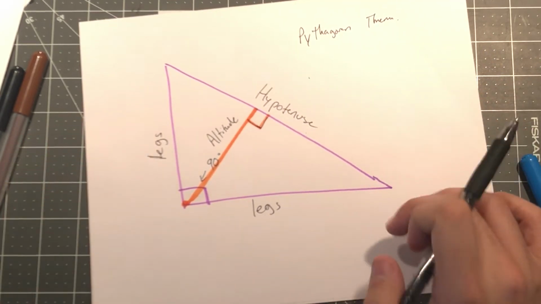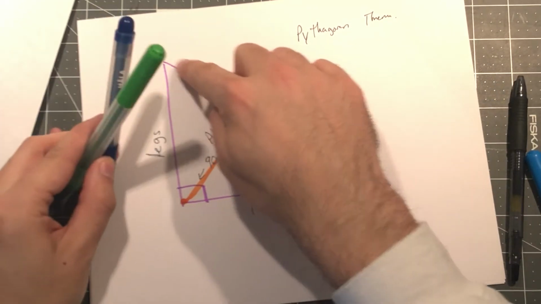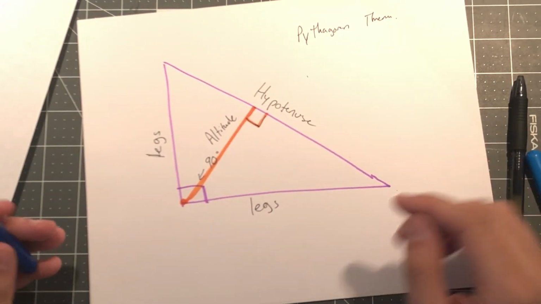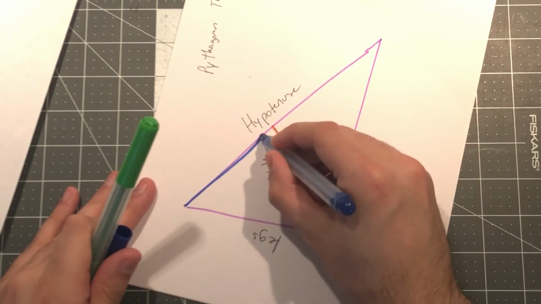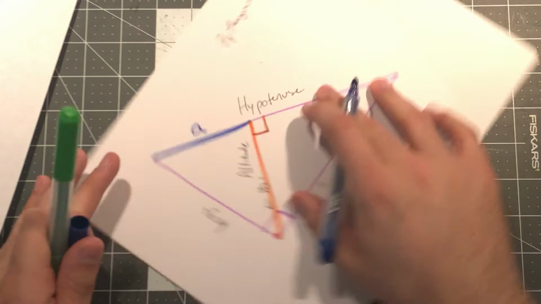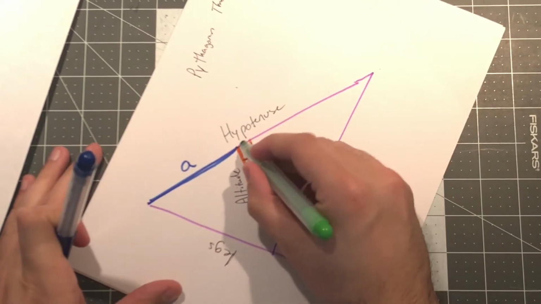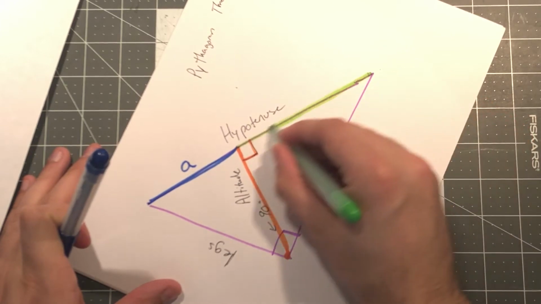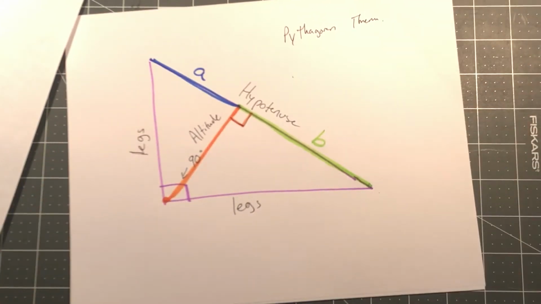Once we do have an altitude, it's going to do something very interesting to the shape. It's going to cut our hypotenuse into two separate pieces. So we'll have one piece over here, just call that A, and then we'll have another piece, we'll call that B over here. So the altitude cuts our hypotenuse into two pieces.